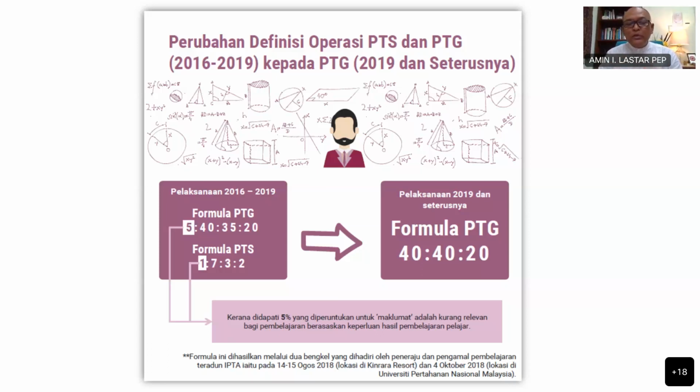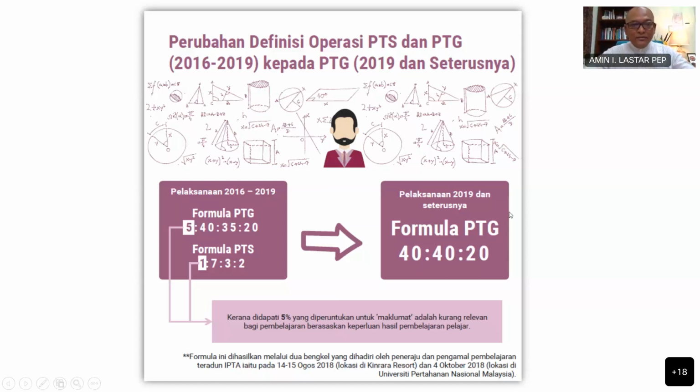But now it's 2022 and we are moving to 2023. So in 2023, we are at the brakes. We cannot move anymore, so we have to go with 40, 40, 20. And somehow we managed to skip this PTG formula of 5, 40, 35, and 20. We didn't implement it, but jumped to 40, 40, 20 because we are at the brakes of implementing PTG in UMS. So this is the whole story. It's just something to share with you, all right?